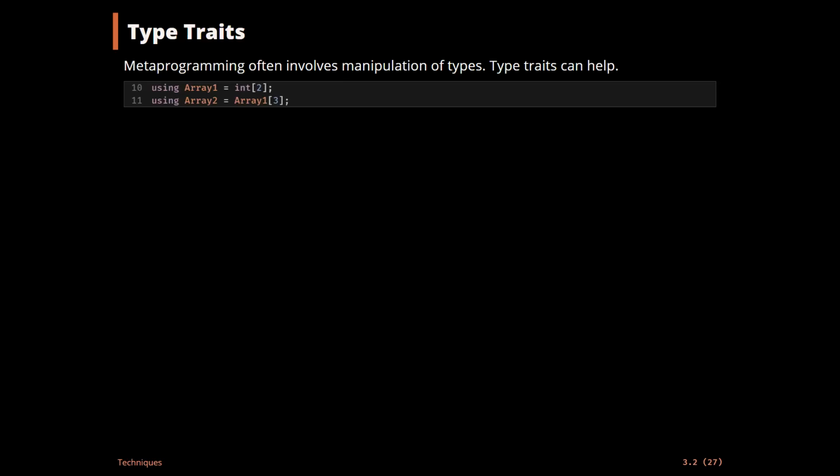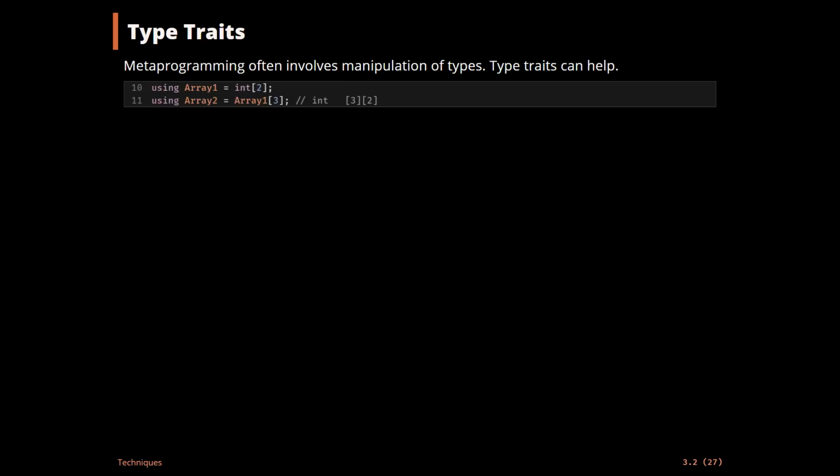Okay, but which order? Which comes first, the 3 or the 2? 3. So you think the type will be int, and then in brackets 3, and then in brackets 2. Okay. Anyone else? You think the other way around. Alright, well, then you thought wrong.